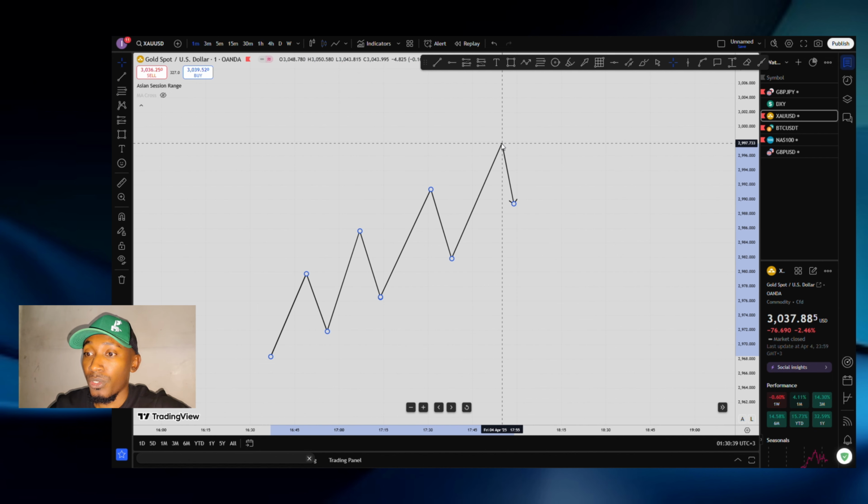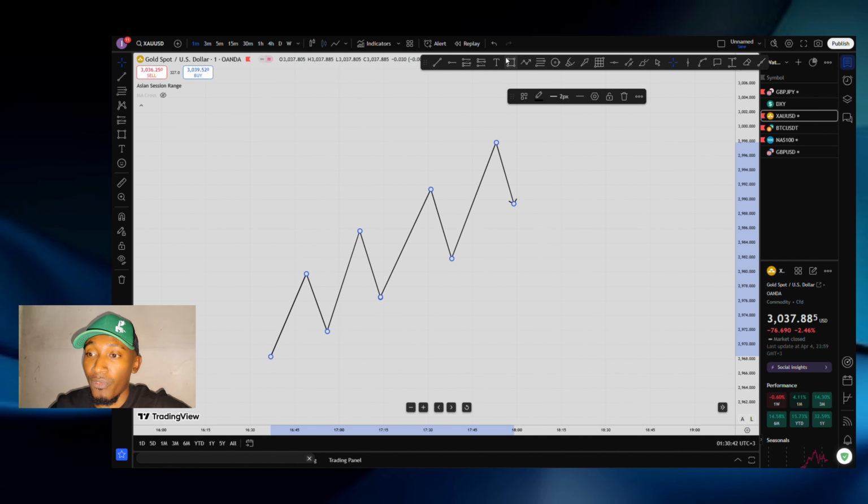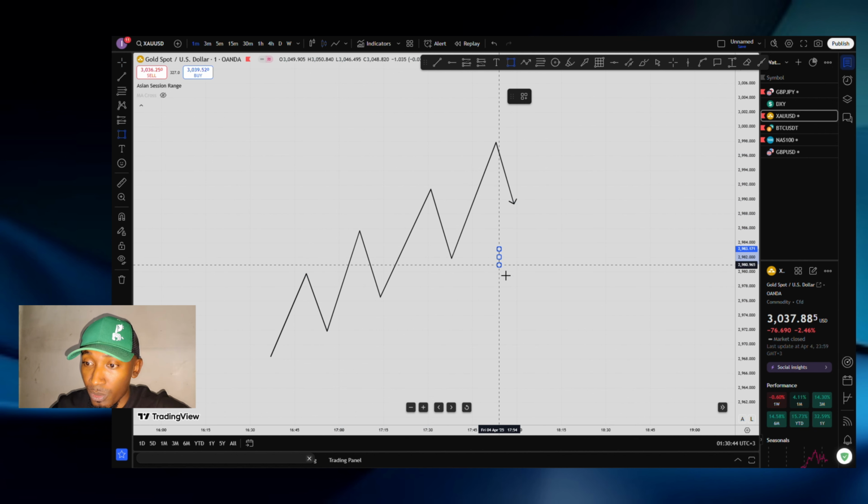Normally what I mean by momentum is you will find a small candle like this, which has been so big.